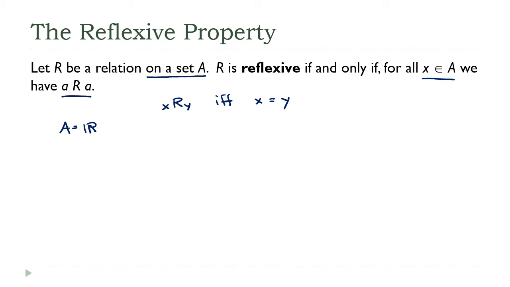Right, so with this, to check this, if you pick any real number, that number is equal to itself, and that's what the relation requires here, right? So for every X, an element of the real numbers, X is equal to X, therefore X is related to X by this relation.